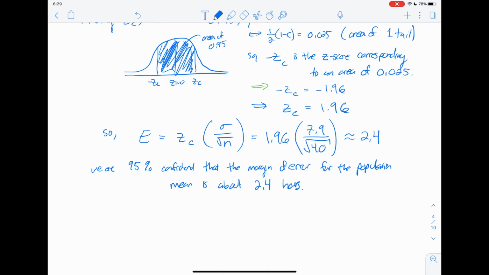So if we pick a sample of 40, any 40 employees, and we try to figure out what the point estimate is for that, and we allow ourselves a margin of error from that point estimate of 2.4 hours, what we've determined is that we're 95% confident that our given interval will contain the population mean.